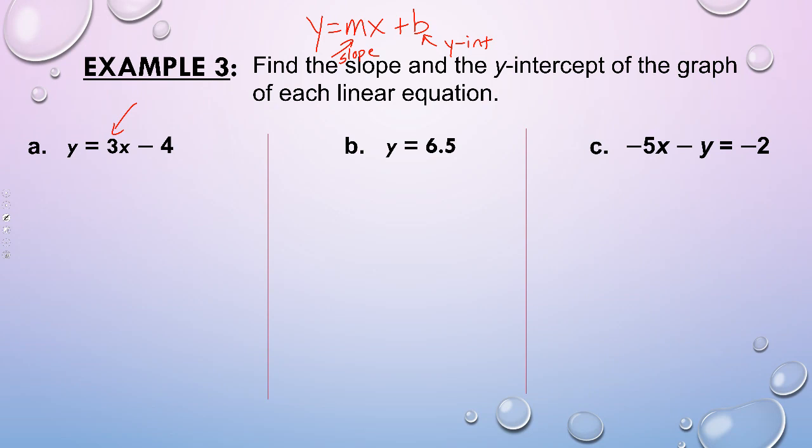So my 3 is my slope here, so I know m, my slope, is equal to 3, or 3 over 1 if you want to think of it as a fraction. And then your y-intercept, which is your b value, is equal to -4, and as a point, it's the point 0, comma, -4.